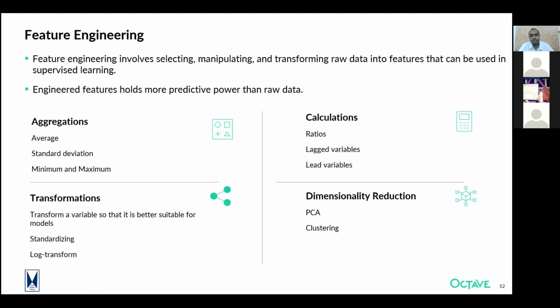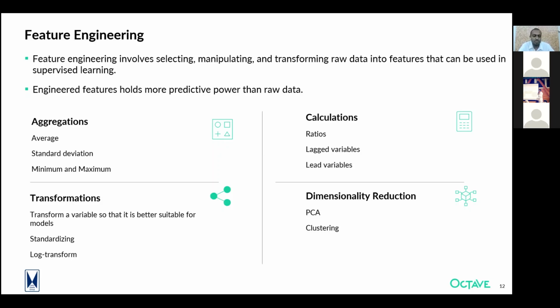If there's a particular period, we can take the ratio of sales compared to another period, and also we can create lag features as well as lead features. By lag features, we mean looking at the past few days of sales to understand what the sales would be, and using lead variables we can get the sales based on some future dates.